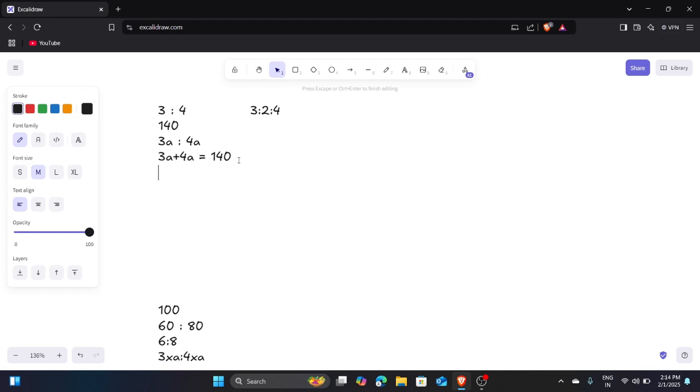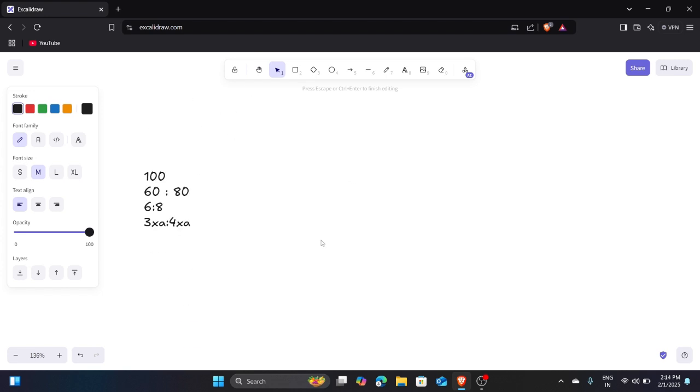So we get 7a, which equals 140. Now a equals 140 divided by 7, which is 20.